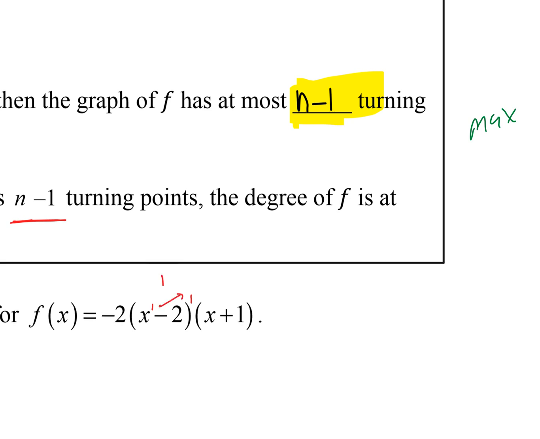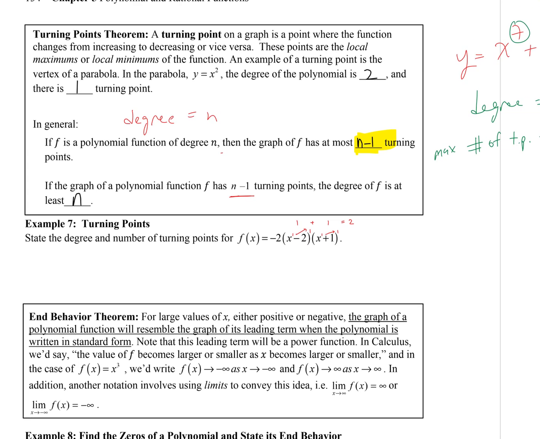So the degree value for the first factor is 1. And then you do the same thing for the other one. So 1 times 1 is also 1. And you add these degree values, and you're going to get the total degree, which in this case is 2. So the degree for this example is 2. And therefore, the max number of turning points is equal to 2 minus 1, or 1. And it goes down by 2, so it has to have 1. You can't have negative turning points.